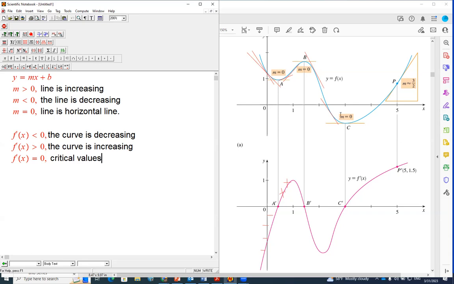These are the candidates. They're not always a local max or local min, but they are the candidates for where the curve reaches a local minimum or local maximum. That's how we find the places where the slope equals 0.